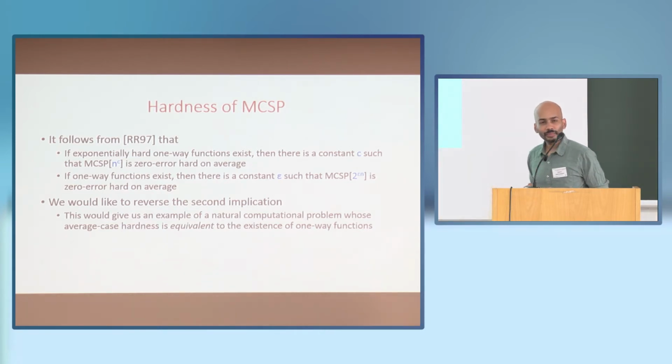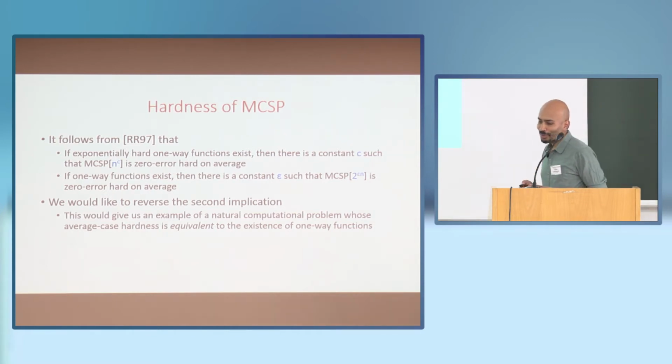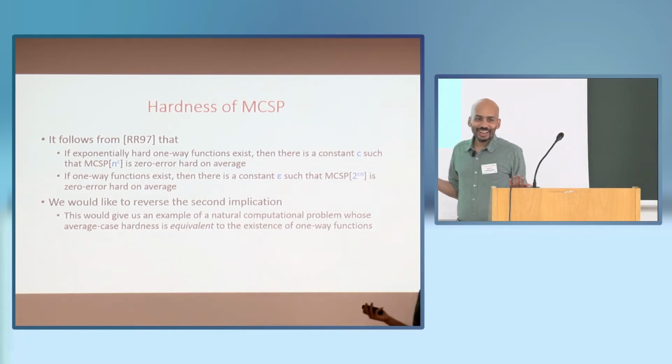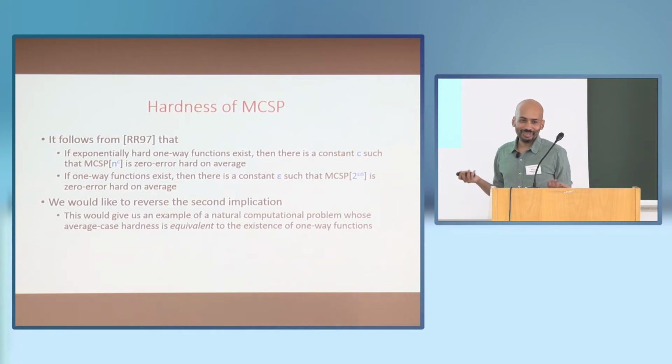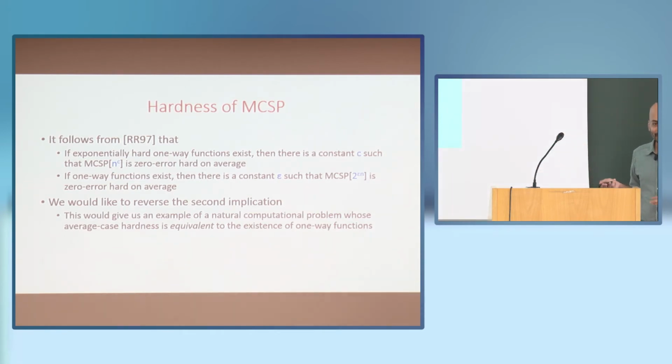So if you succeeded in this, it would actually mean that MCSP is potentially lower, right? Because it would give you one-way functions, and we don't know how to do that from hardness in BPP. Yes, but it could be that MCSP is NP-hard, and so it's very possible that Pessiland and Heuristica both vanish, right?